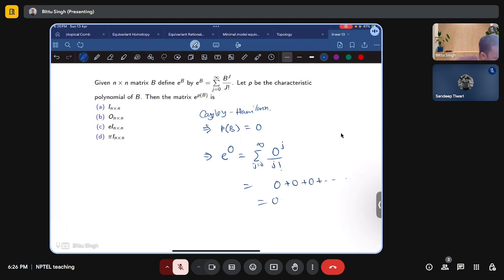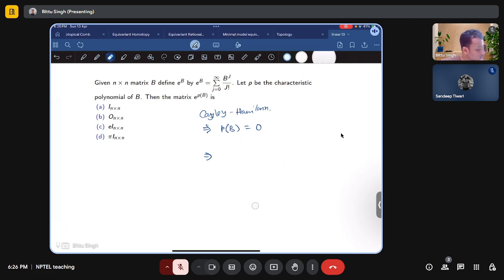Sorry, e to the power 0, is it 0? No, the first one is 0 to the power 0, which is non-zero actually. Let me write the whole thing, then it is clear.